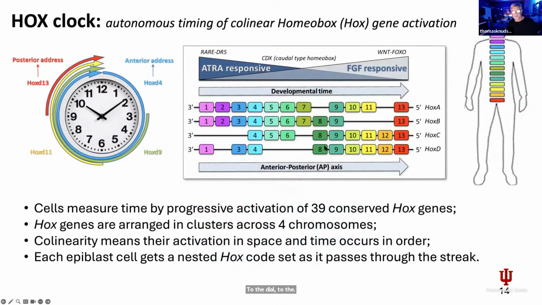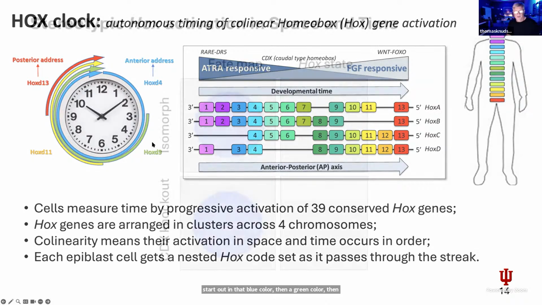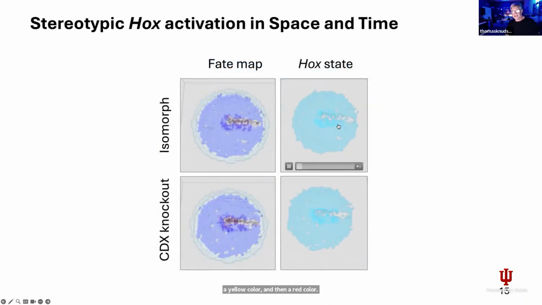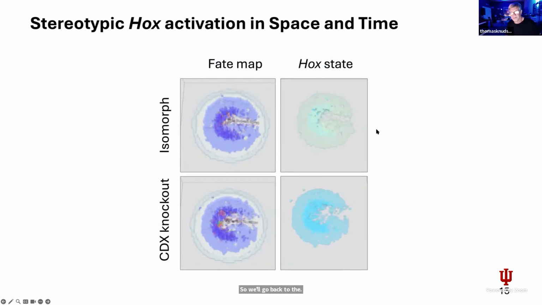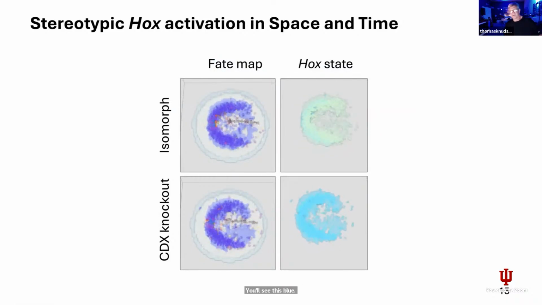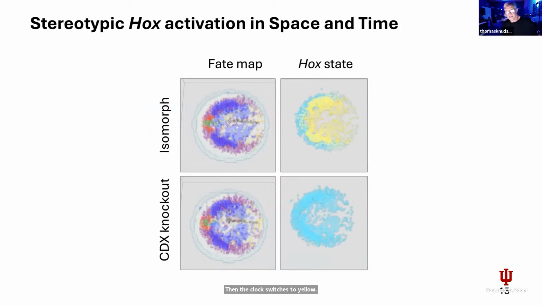Okay, so again, 4, 9, 11, and 13. And we set the autonomous clock in the code. As the cells migrate through the primitive streak, they're colored by whatever the latest homeobox gene would be. So they'll start out in that blue color, then a green color, then a yellow color, and then a red color. So we'll go back to the plots, and here you'll see there's blue, then the clock switches to yellow, and then finally red.